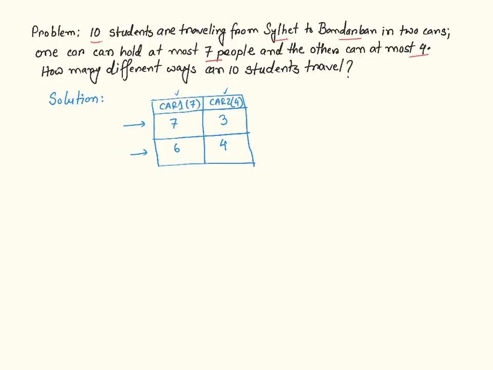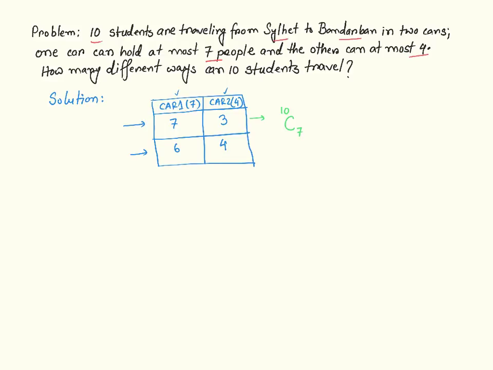Now, this is sort of like a combination problem. If I pick 7 people from the group of 10 people, it doesn't matter in which order they come in, because 7 people are going to go into one car. So the first scenario can happen this many ways. In the first car, I'm going to pick 7 people out of 10.